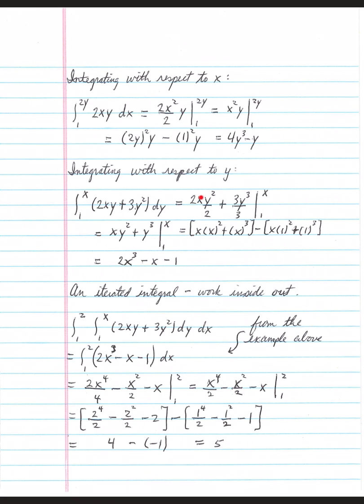So we have 2x, y squared over 2. The second term, remember to add 1 to the power, divide by the result. So that's 3y cubed over 3. We can cancel these 3's and those 2's. So we're going to evaluate xy squared plus y cubed at x and then at 1.